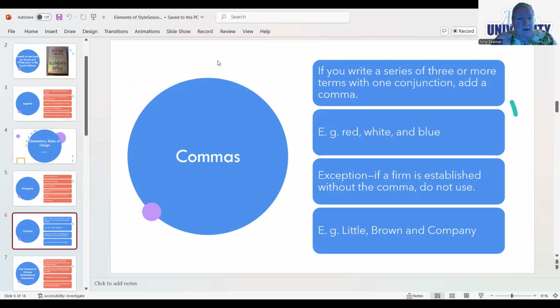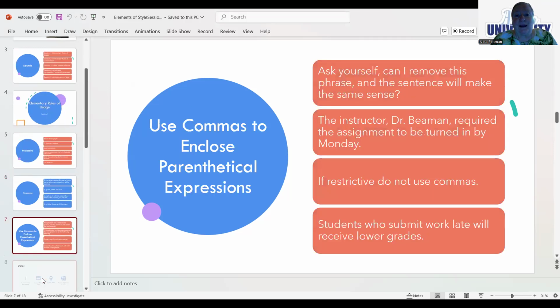It's a word that joins things together. You're going to add a comma. So for example, red comma, white comma, and there's your conjunction, blue. The exception is some firms are going to patent or register themselves as not having a comma. In that case, you don't put a comma because that's their name. So you don't want to misspell their name.